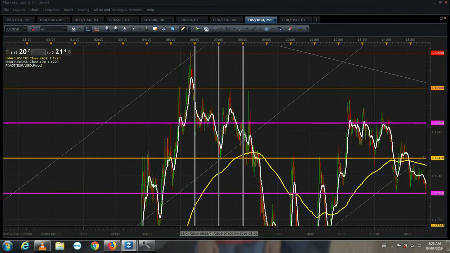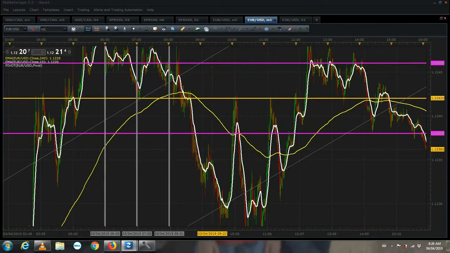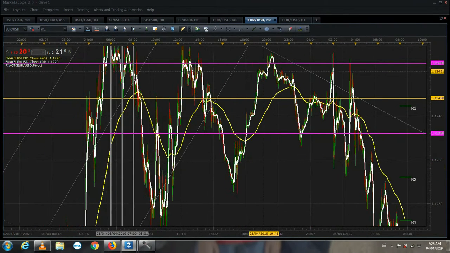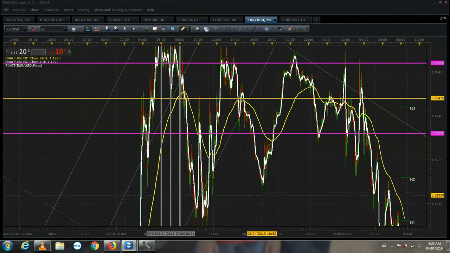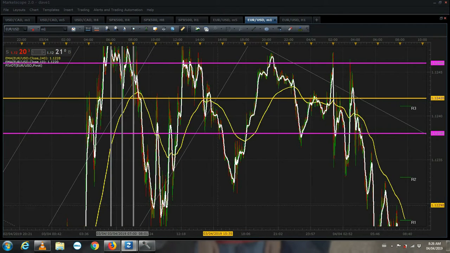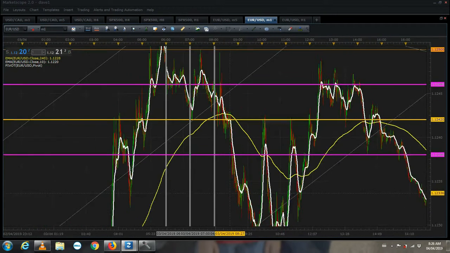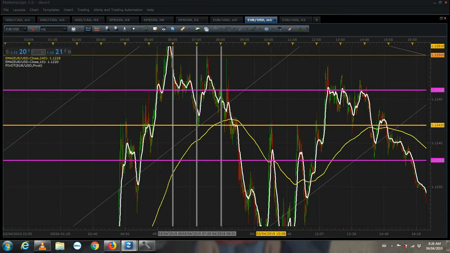So technically there should be a 12.6 point drop from the breakout. So if I measure that, from here, 12.6.